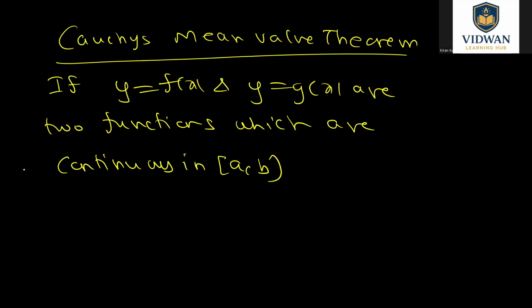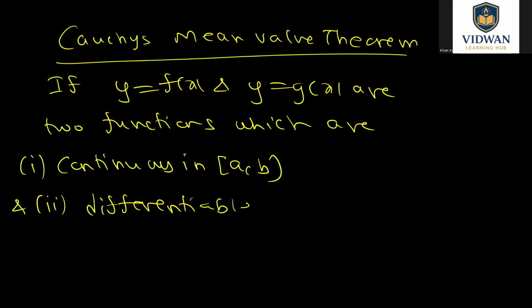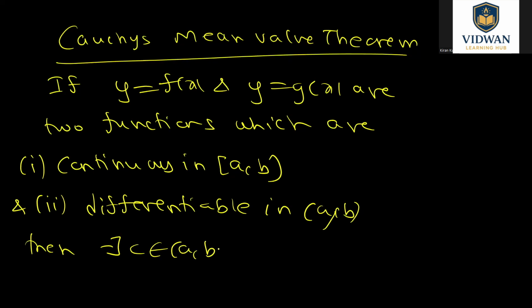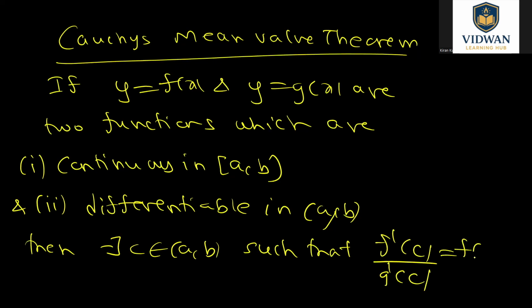This is the first criteria. And second condition, differentiable in open interval AB. Then the conclusion is there exists C belongs to open interval AB such that f dash of C by g dash of C equal to f of B minus f of A by g of B minus g of A.